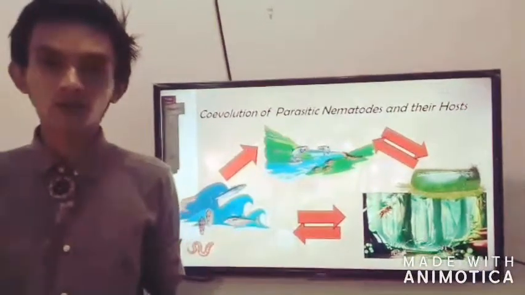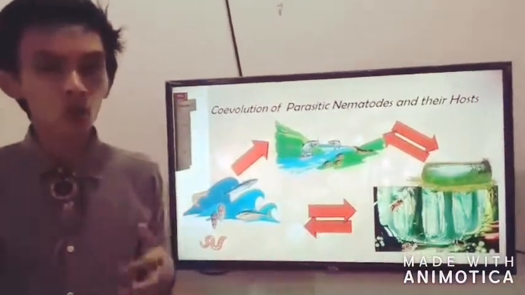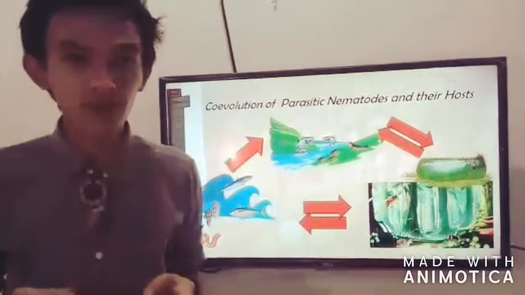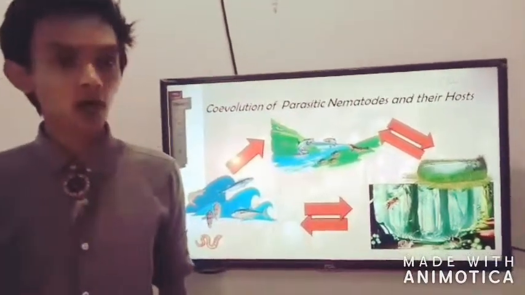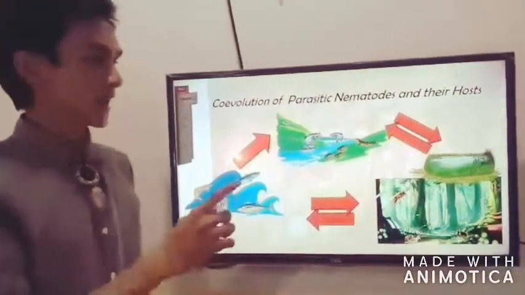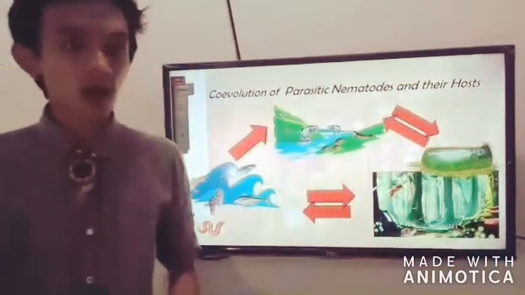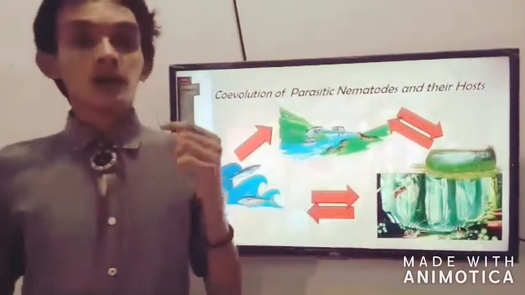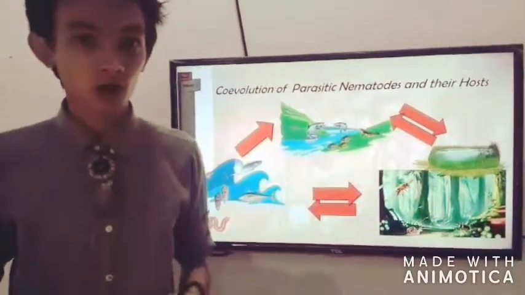With the evolution of parasitic nematodes, there has been no concrete fossil evidence when it comes to this. So there is no recent study deducing the evolutionary history of parasitic nematodes, except a fossil specimen which was dated back during the Mesozoic era.